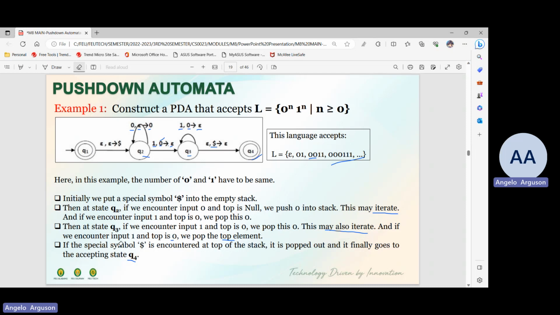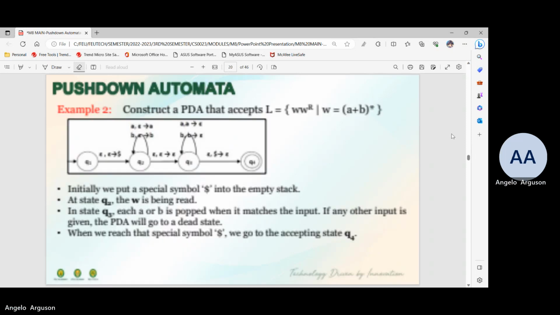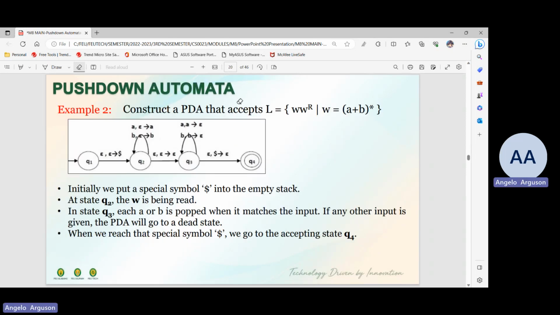Next, moving on, let's have another example. Here, construct a PDA that accepts the language of W raised to the R, where the string W is equivalent to (A or B) star.